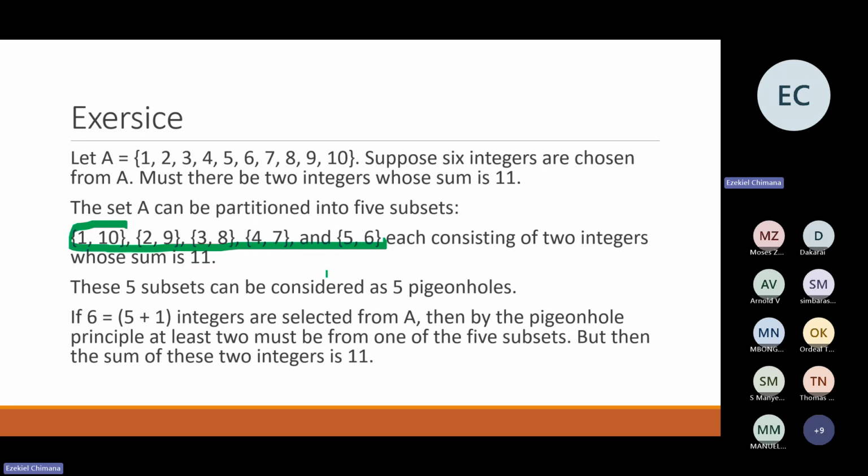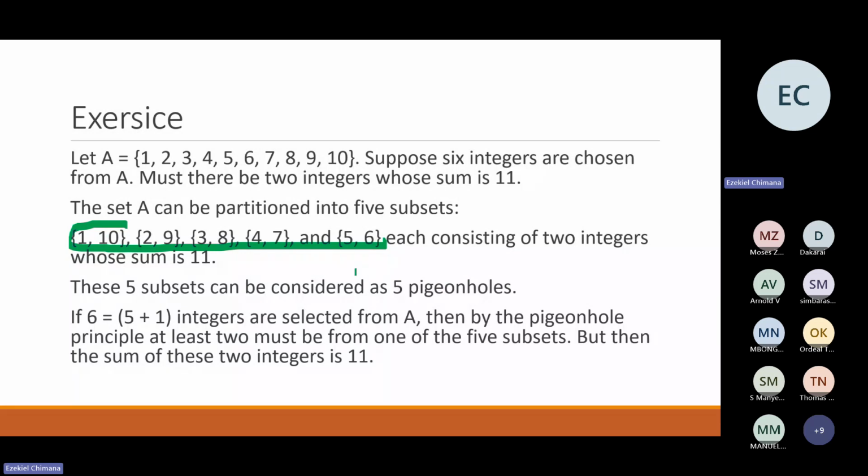When you choose the next number, that number is going to have one number in that set which is going to give us 11 if we add it to that number. So these 5 subsets can be considered as 5 pigeonholes. You can consider these as our containers, right?